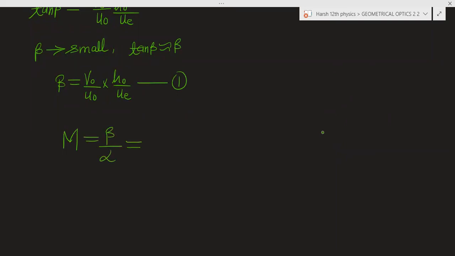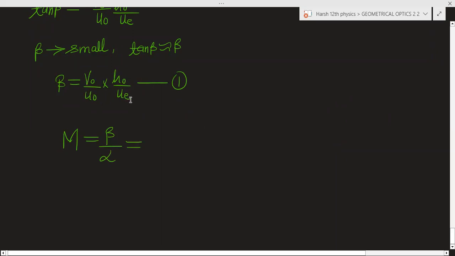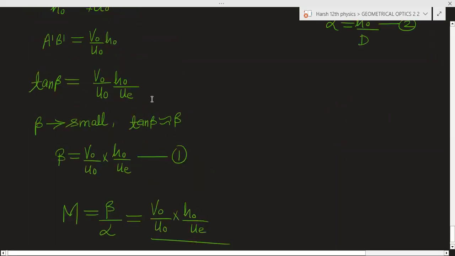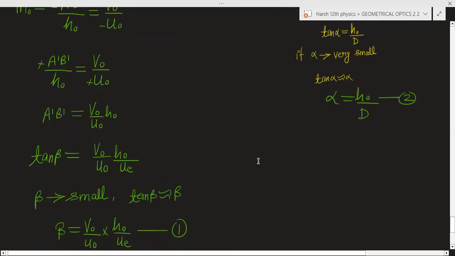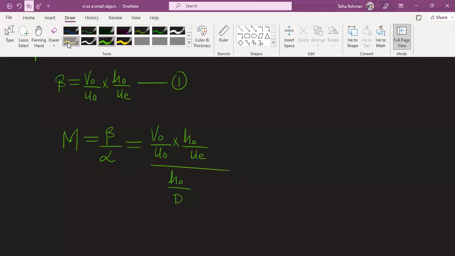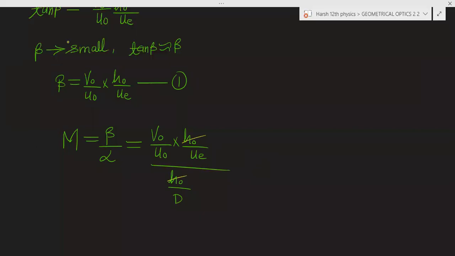Beta is V naught by U naught multiplied by H naught by UE, and this is divided by H naught by D. So H naught and H naught will be cancelled out.